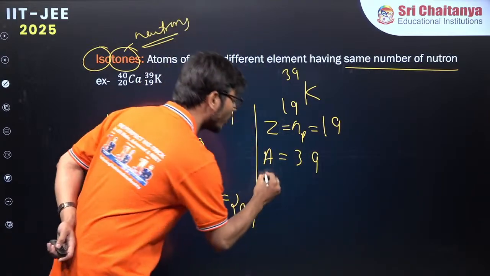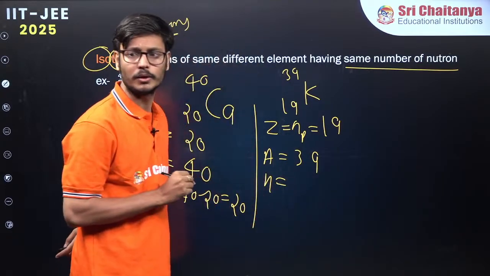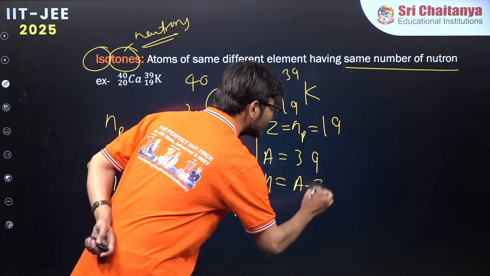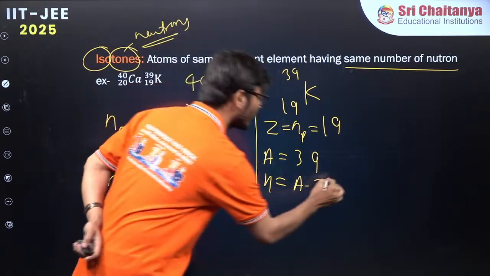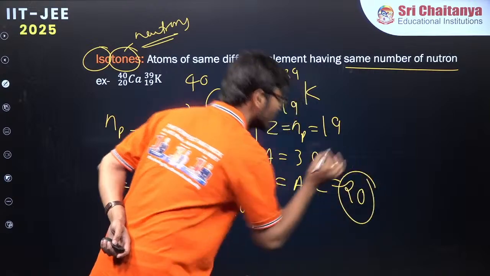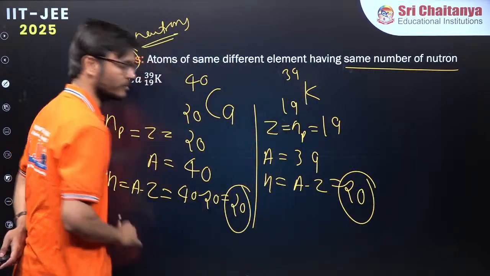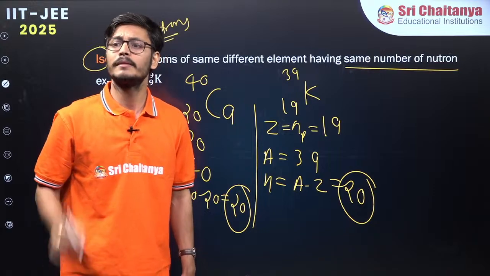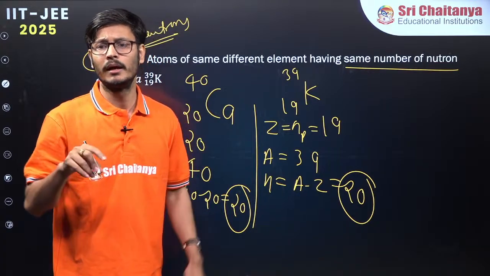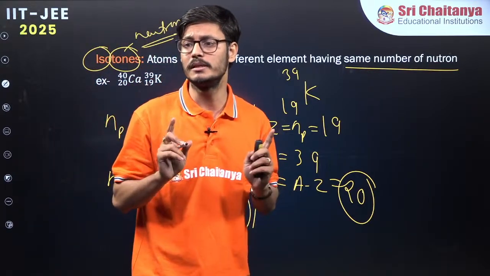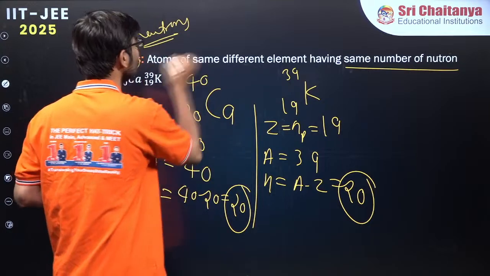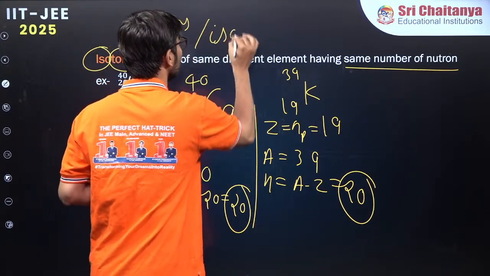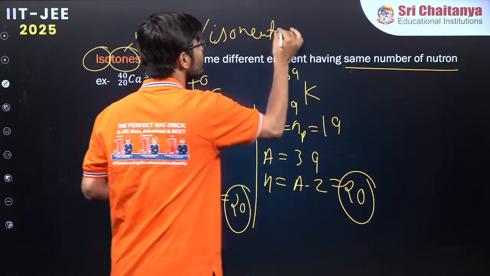Number of neutron is equal to mass number minus atomic number, which is 20. So you see 20 over here and 20 over here. Number of neutrons are same, 20 and 20. Therefore, they are known as isotones, or also sometimes isoneutronic species.